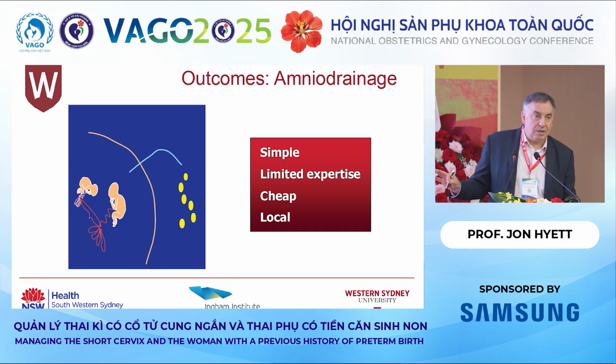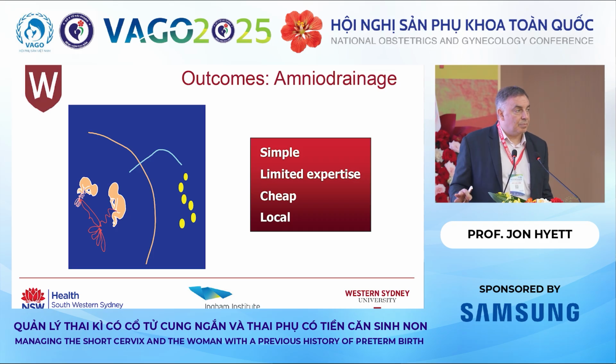So when we were using amnio drainage as a primary treatment process, a nice simple procedure that we could all do, 25% of our surviving twins had cerebral palsy. So in fact, at one point, we decided we should stop offering any therapy, and we had expectant management or termination of pregnancy.